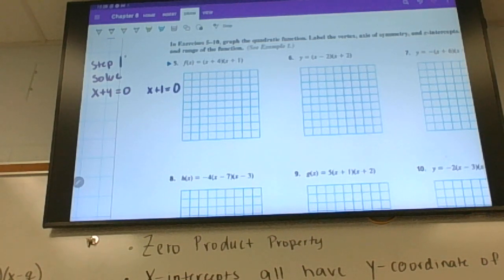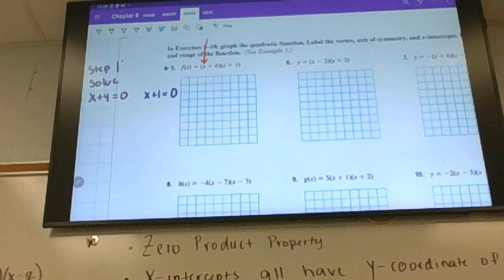Or some people really like thinking of opposites. So some people like to just look right there and say, how do I cancel plus 4 out? A negative 4. How do I cancel plus 1 out? Negative 1. Some people prefer that method.